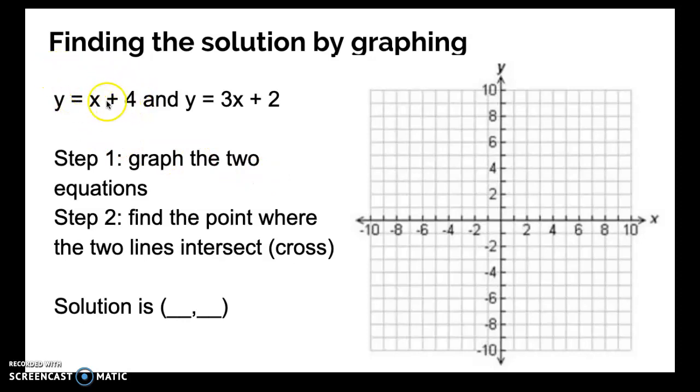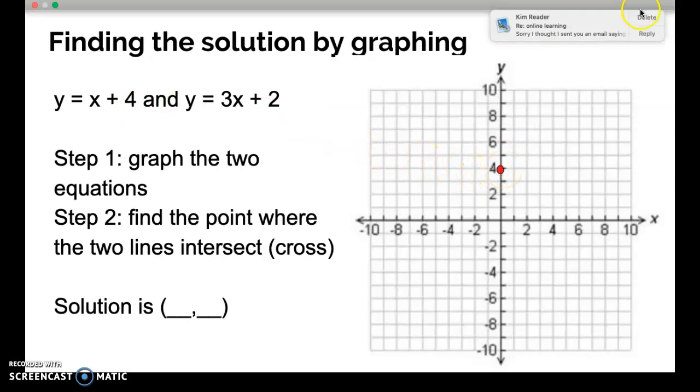The easiest way to graph a line is to plot your y-intercept first. Remember, in y equals mx plus b, the number in front of the x tells you your slope, and the number by itself is your constant. That tells you your y-intercept. So in this equation, 4 is the y-intercept, so we can put a dot on 4.